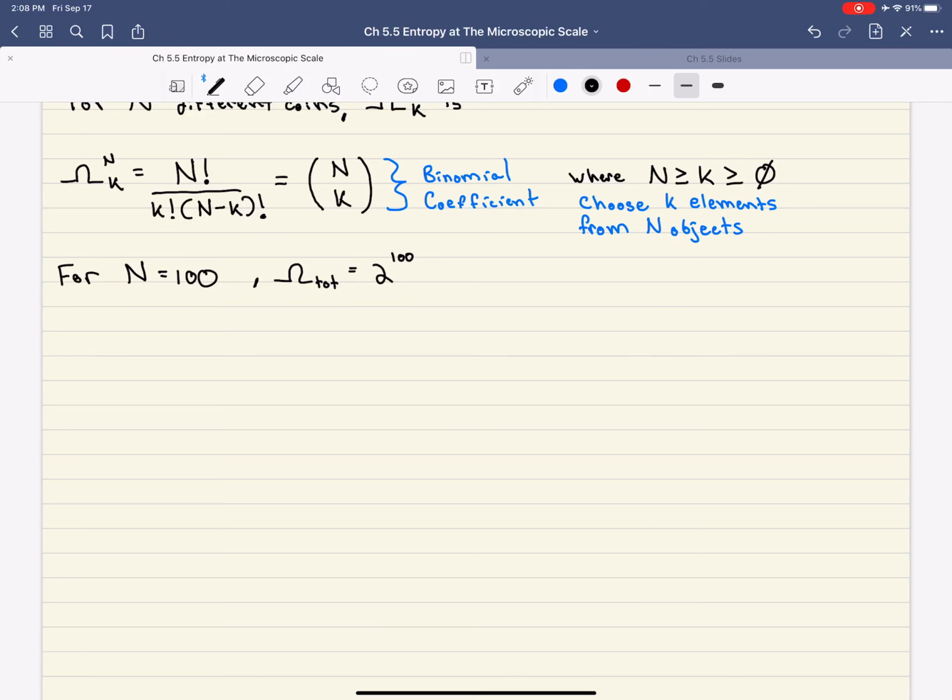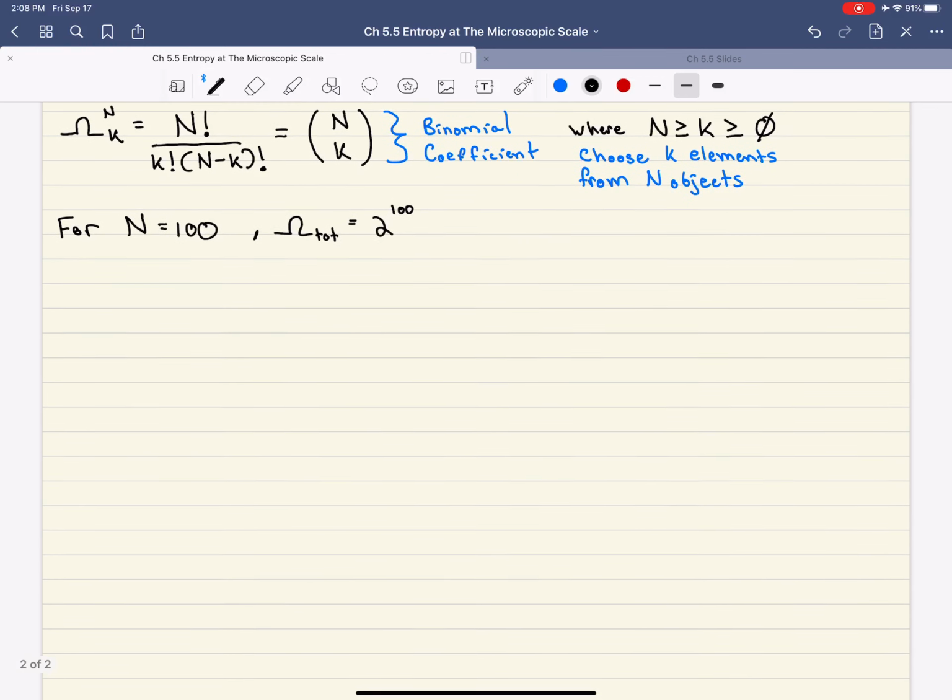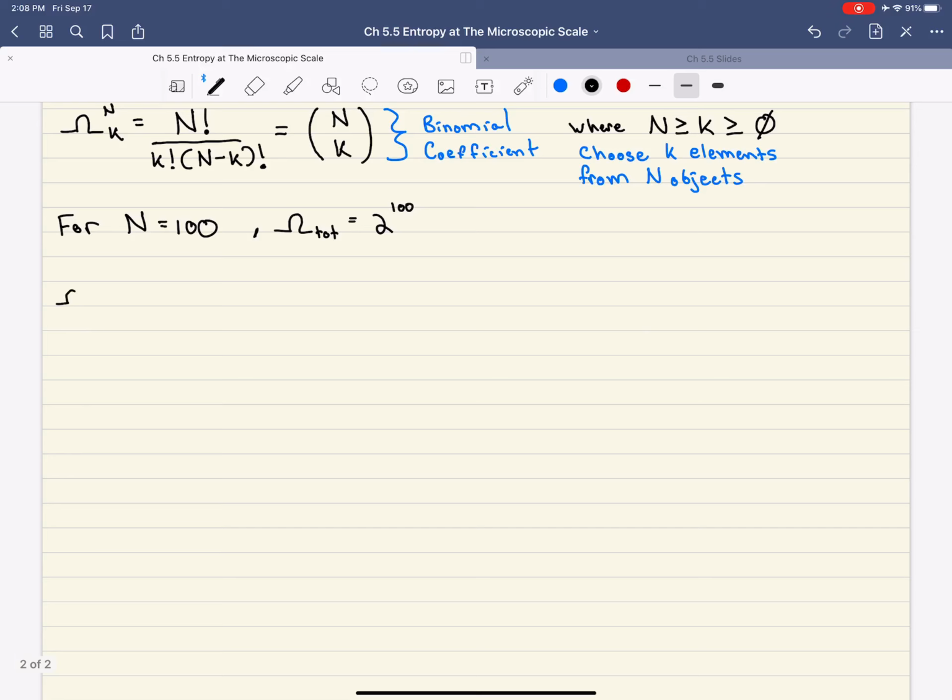All right, so that's a large number. Okay. In any case, what we could do is calculate the multiplicity of various different cases of having k number of heads up. So let's consider the case where k is equal to 50. So in our collection of 100 coins, what is the number of different ways that we could get 50 coins to be face up? Okay.